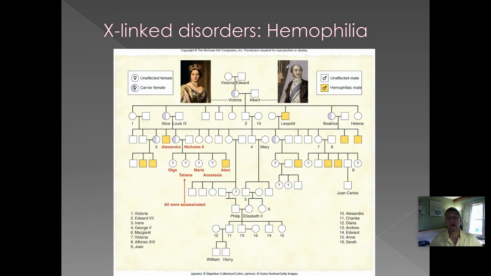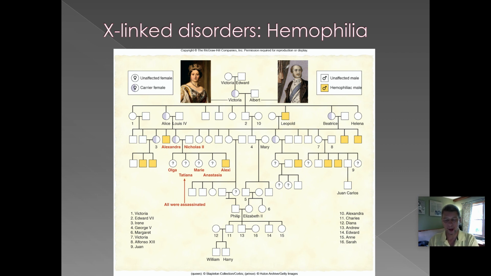A fascinating case of X-linked disorders is found in the royal family of Europe. And I say the royal family because they're all interrelated from all of the various countries. In this particular case, the trait was first probably discerned in Queen Victoria.